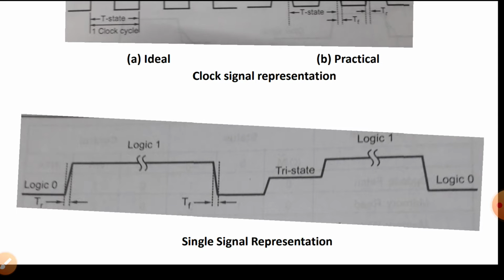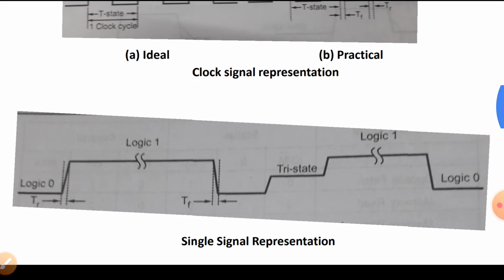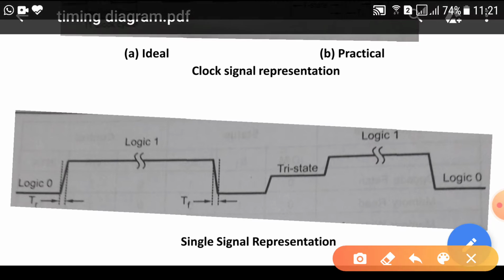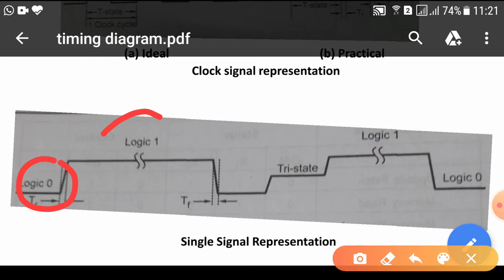Now the single signal representation is done with the help of this diagram. It can be very easily understood. A single signal is represented by a single line, and it may have the status either logic 0, or logic 1, or it is tri-state.